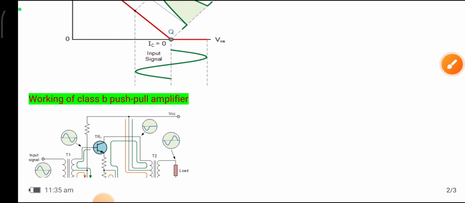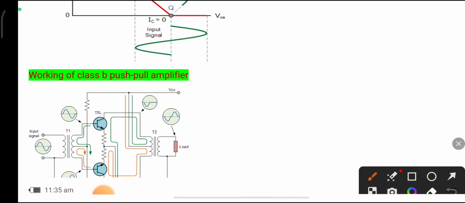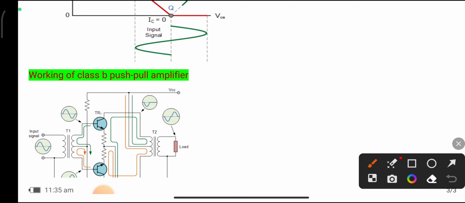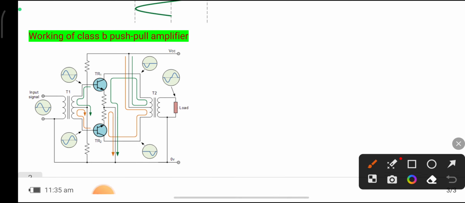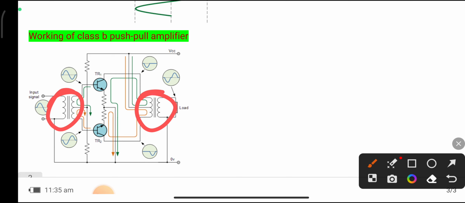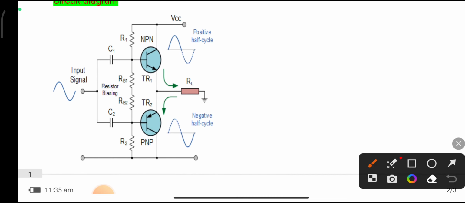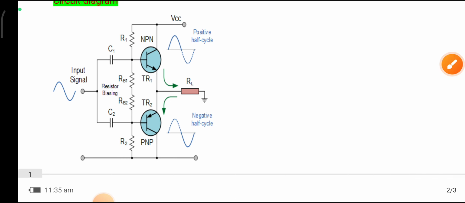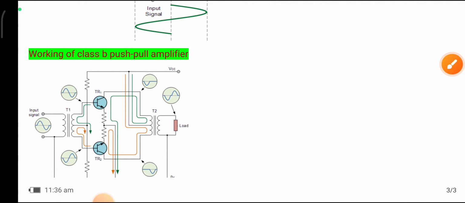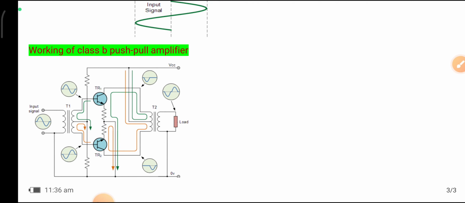So next, the working of a class B push pull amplifier. This push pull amplifier contains transformers here, so it is a transformer coupled class B push pull amplifier. The previous amplifier did not contain any transformer in the input and output region. Here we discuss the working of the transformer coupled class B push pull amplifier.